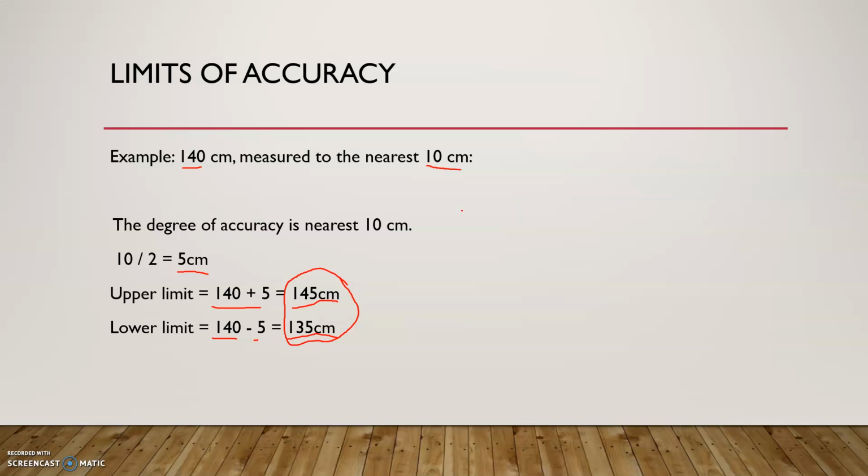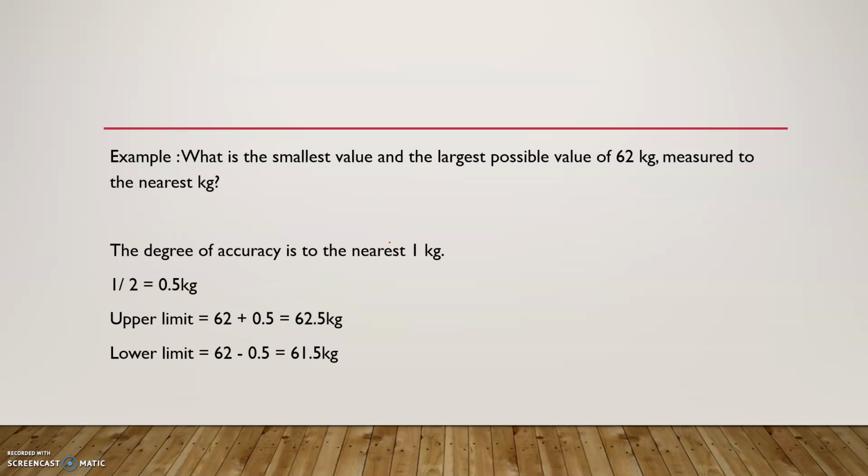Now moving on to the next example. It says, what is the smallest value and the largest possible value of 62 kg measured to the nearest kg? The keyword is the nearest kg.